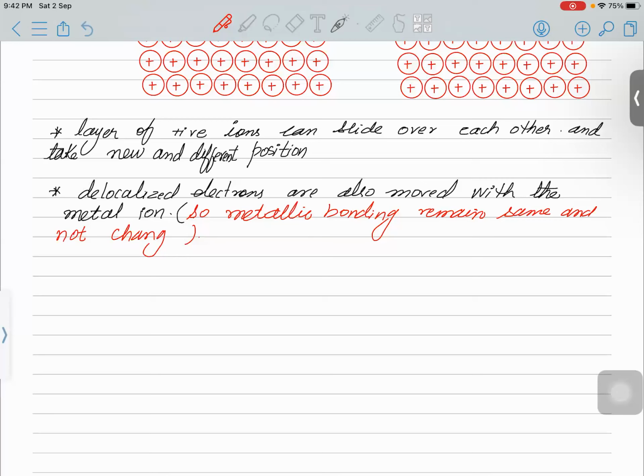Metallic bonding is stronger. It is not broken.